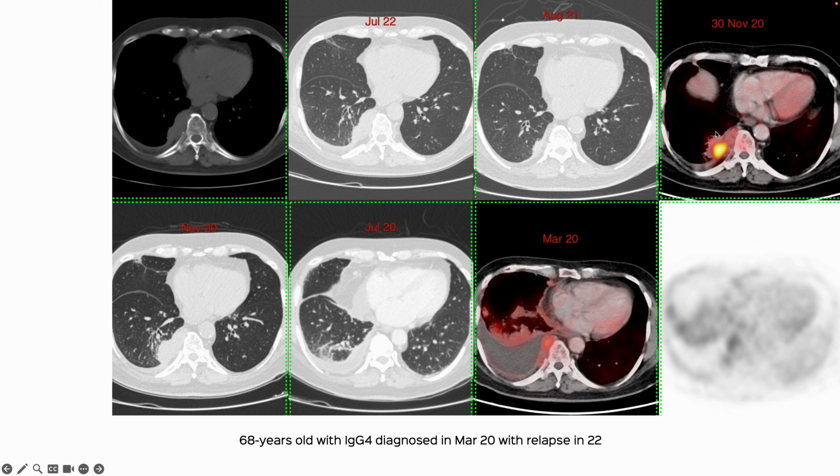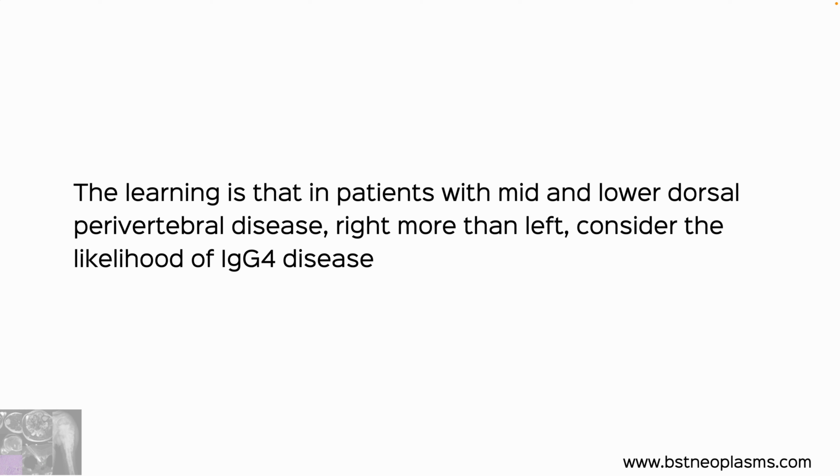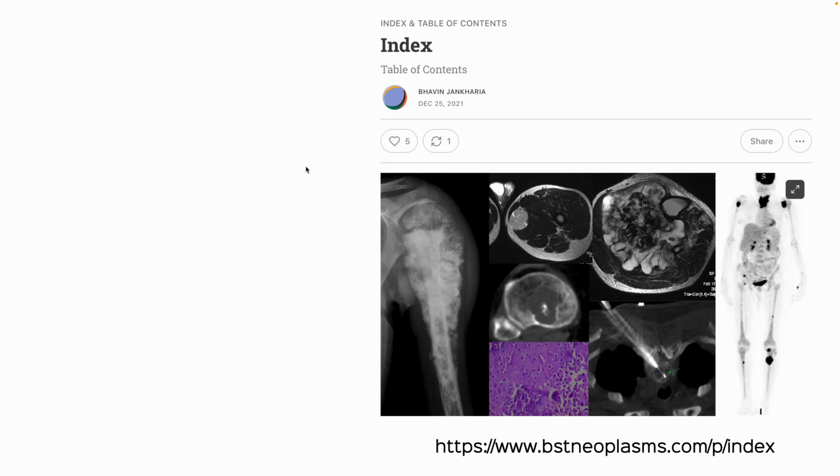The patient then had a lung lesion and then relapsed with the perivertebral lesion again. So it was a complicated case but proven. So the learning is that in patients with mid and lower dorsal perivertebral disease, right more than left, consider the likelihood of IgG4 disease.